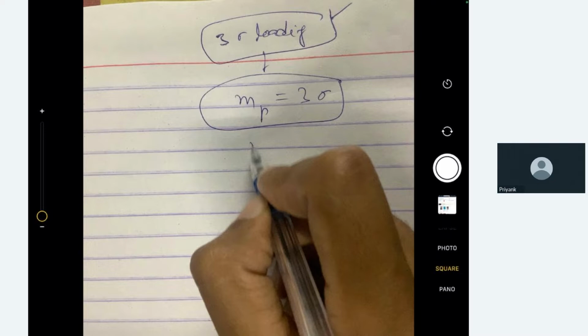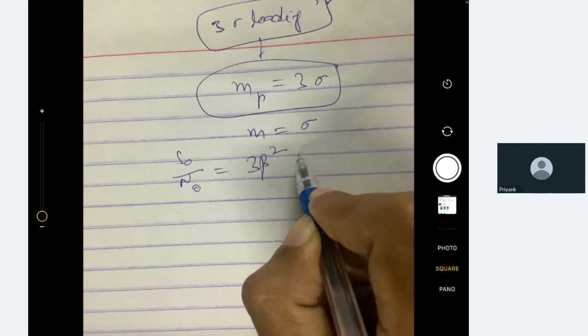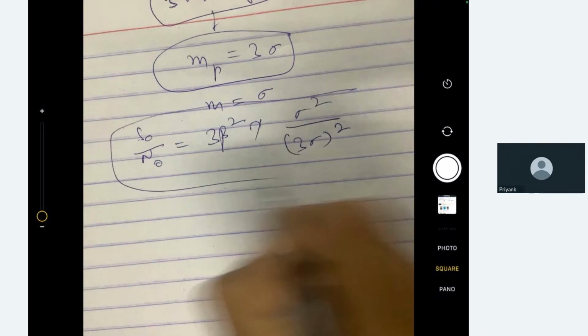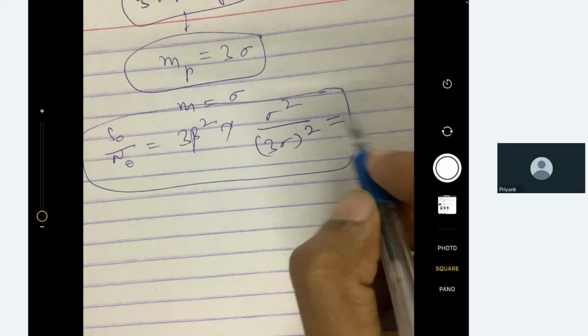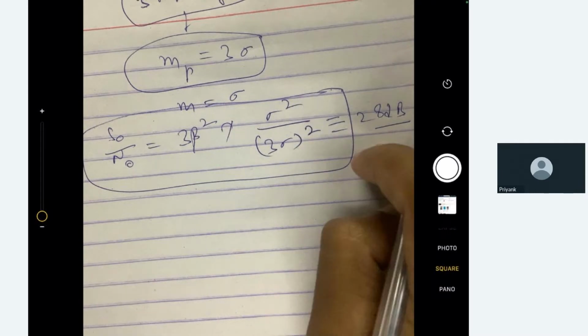Therefore, we put these into the formula: 3 beta square gamma sigma square upon 3 sigma whole square. Now S0 upon N0 is given, which is equal to 28 dB. We are required to convert it into actual value, and from it we can find this gamma.